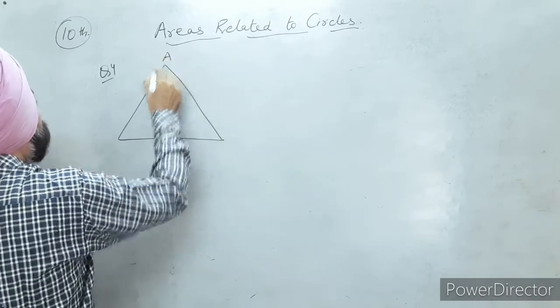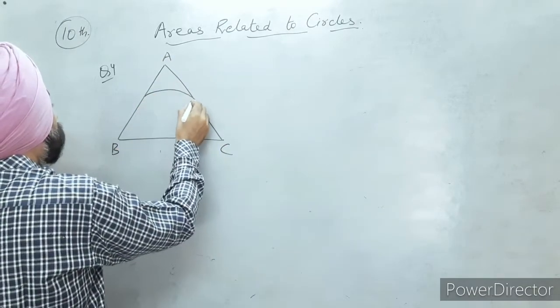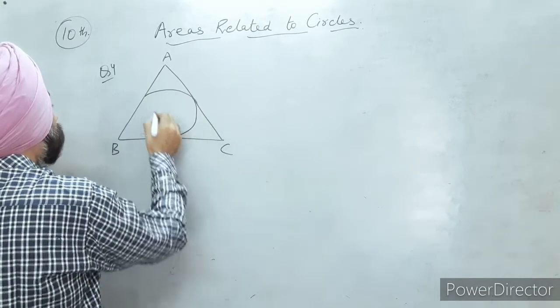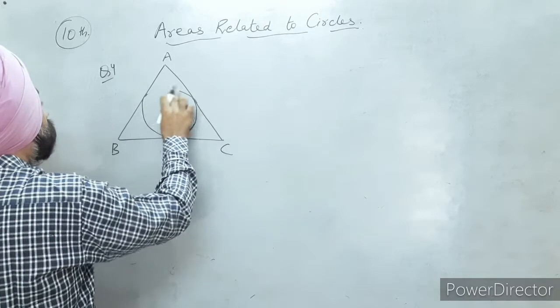This is A, B, C. A circle is inscribed in this.